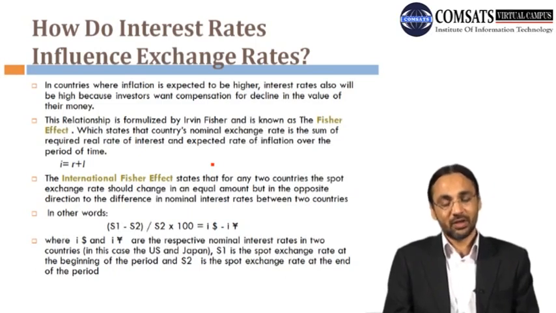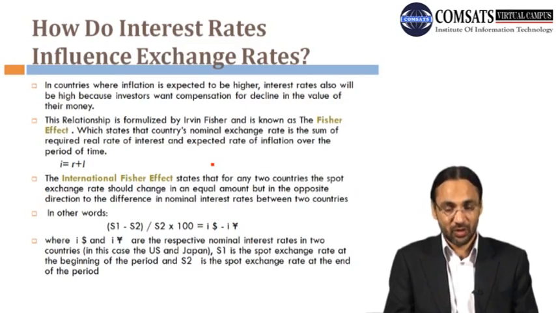Later on, this relationship was tested in the international market, and Fisher suggested that for any two countries, the spot exchange rate should change by an equal amount, but in the opposite direction, to the difference in nominal interest rates between the two countries.